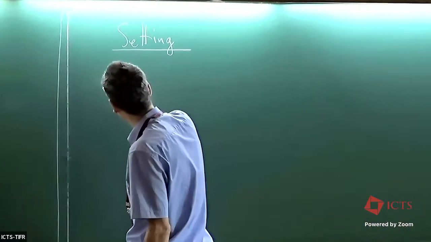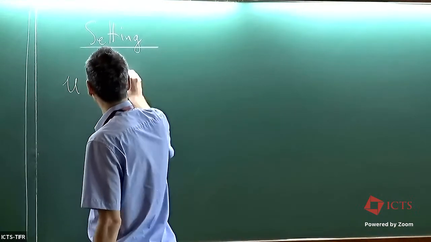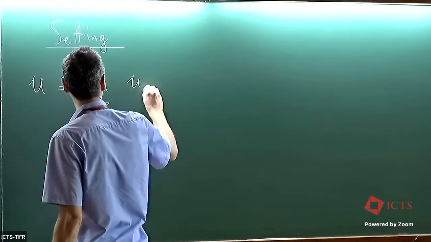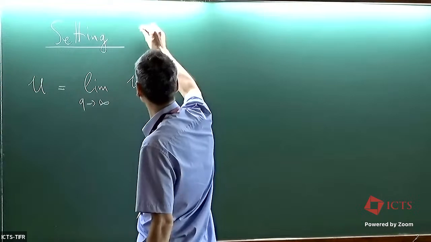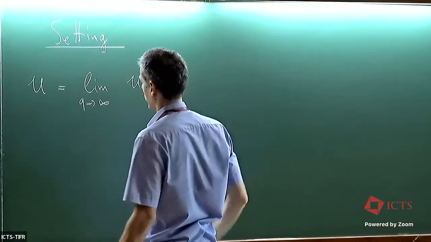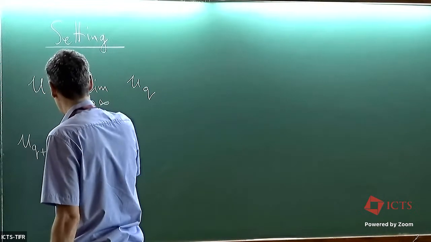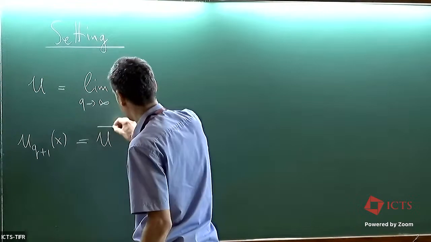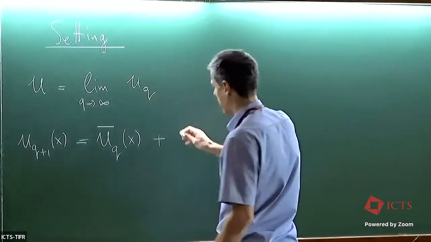I have a velocity field, u, which is the limit of these approximations, uq. So this is back to anomalous dissipation and Euler, and these ones are constructed by something like this.